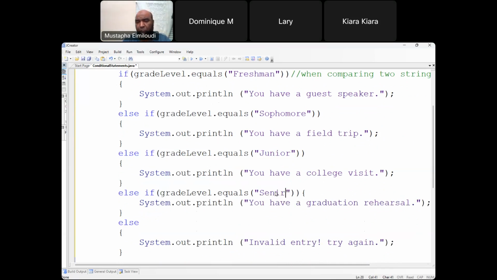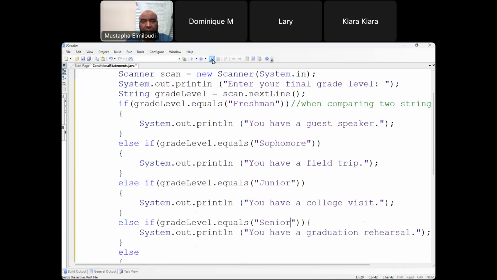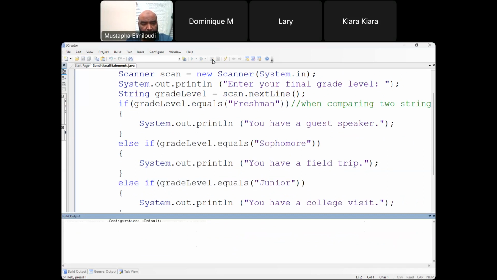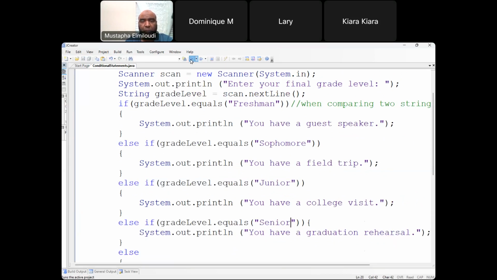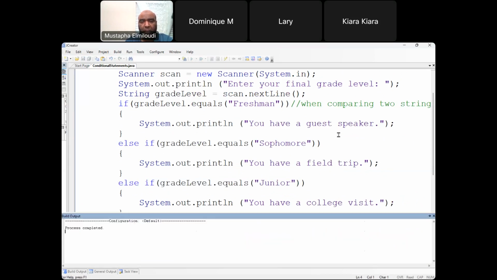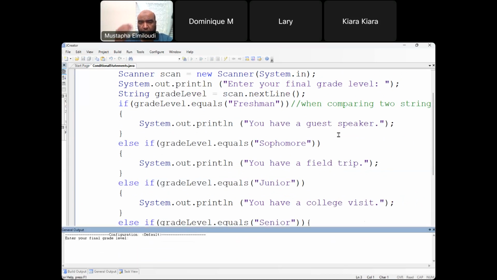But if you are 100% sure that they're gonna use the right thing, then you don't have to. But here with else, even if they enter something wrong, let's say somebody wants to test the program, and check if there is any error here. If I run the program, you know, there are some people who want to test the program. You ask them about freshman, they say something different.